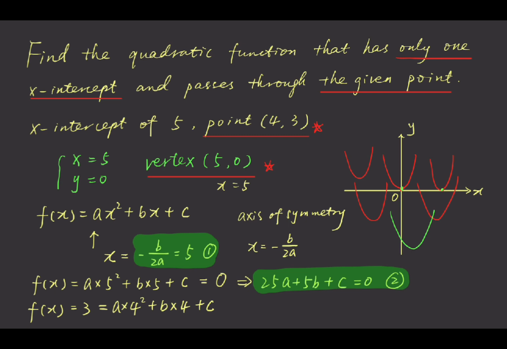So 16a plus 4b plus c equals 3. This is equation 3. So we have figured out 3 equations.